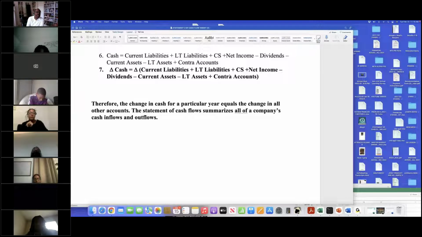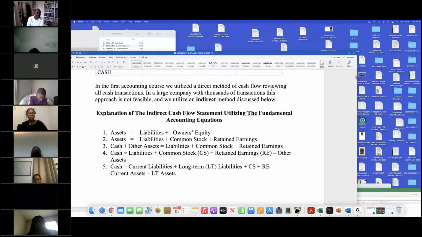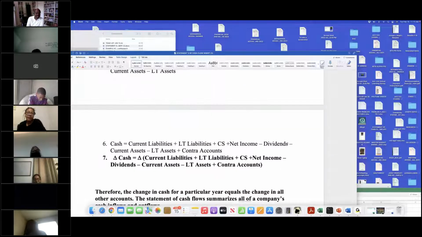As I said, you need to understand this equation. Assets equal liabilities plus common stock plus retained earnings. But retained earnings is what? It consists of net income minus dividends. So as you said, if you're trying to find net income, you could solve this equation in terms of net income. So if I told you to write this equation so you could solve for net income, how would this equation look?